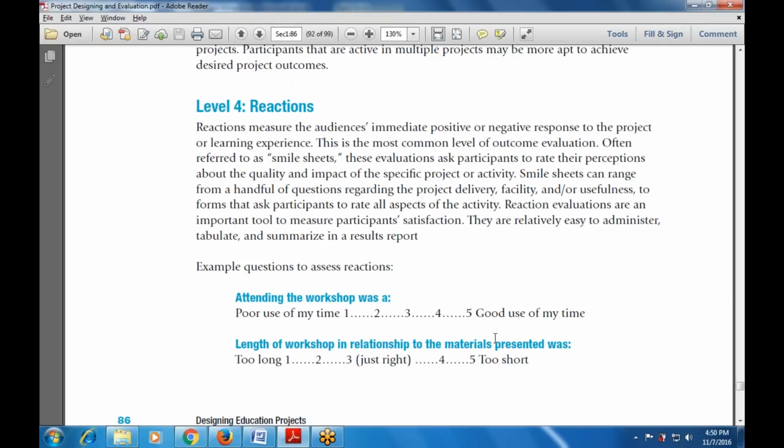Smile sheets can also range from a handful of questions regarding the project delivery, facility, and usefulness, to forms that ask the participants to rate the project or aspects of the activities.